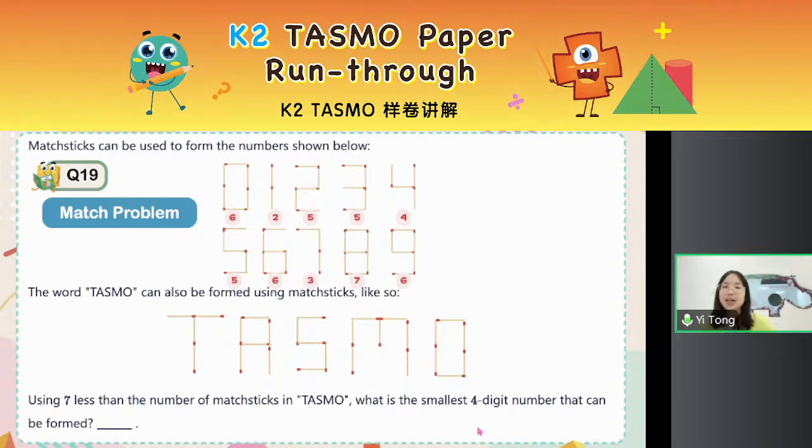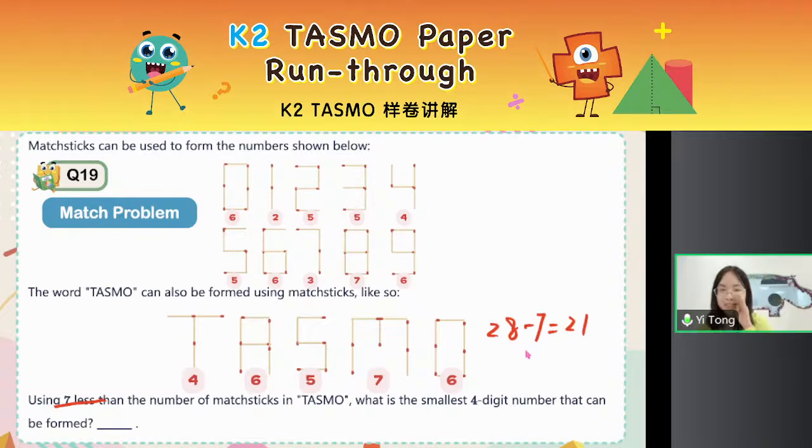In the exam, write it down first, and then we add all of them together. So we add them together, and we have 28 in total. Now we use 7 less. Is it plus or minus? Less means a smaller number, so this is minus. So we take away 7 and we have 21.